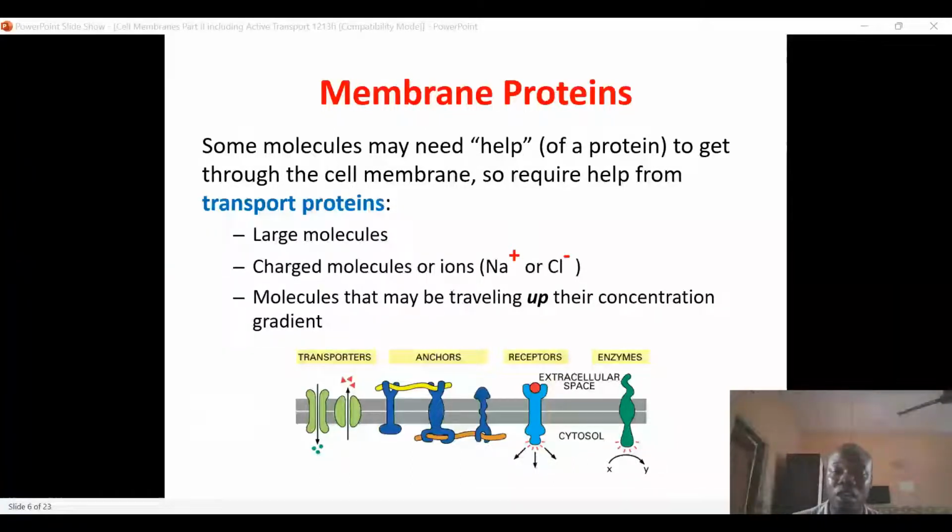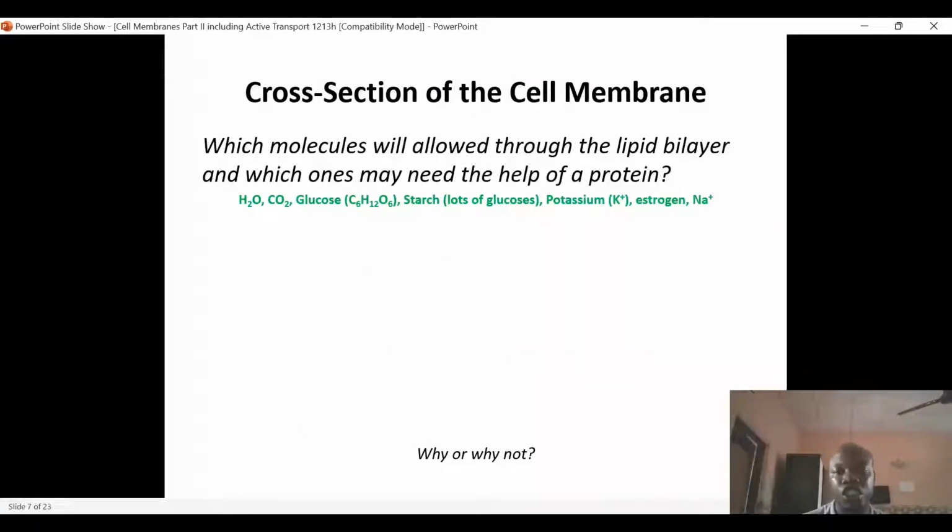So therefore, the requirement for transport proteins to get materials into the cell depends on the size of the molecules, the charge of the molecules, and the region where the molecules are going to move to. And then the next thing is the cross section of the cell membrane.